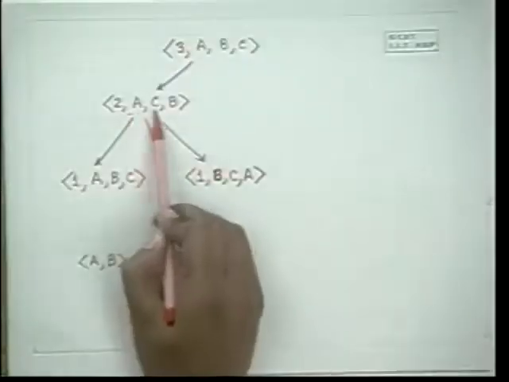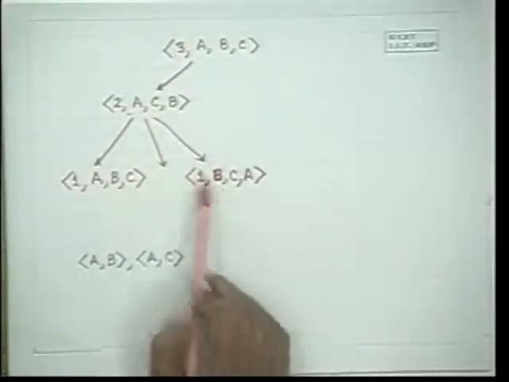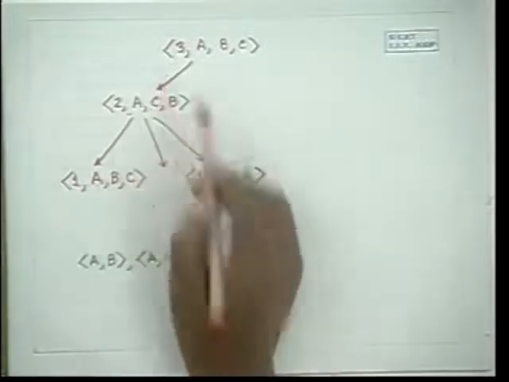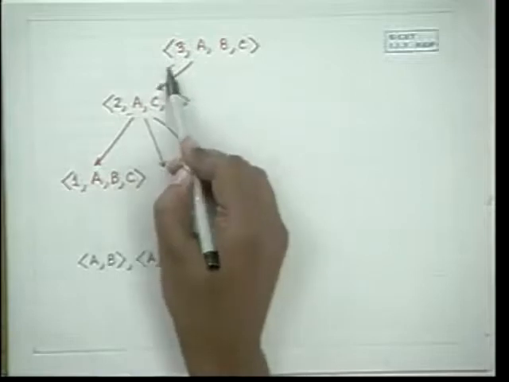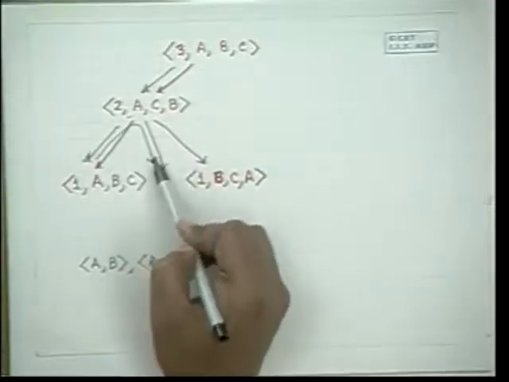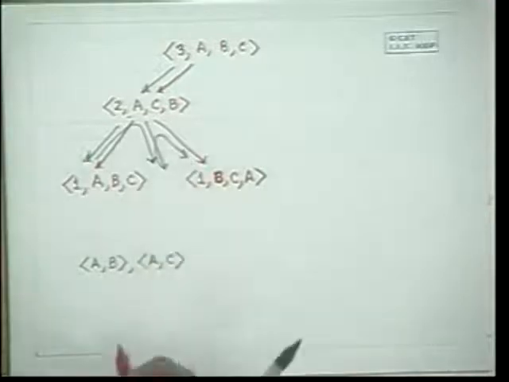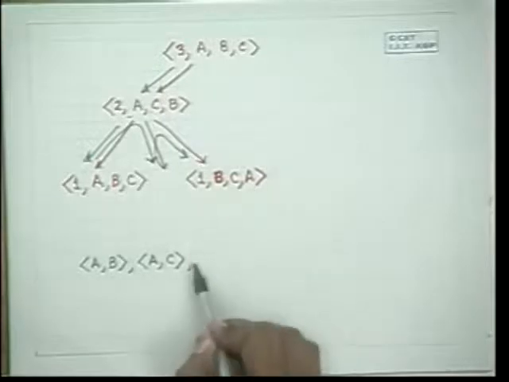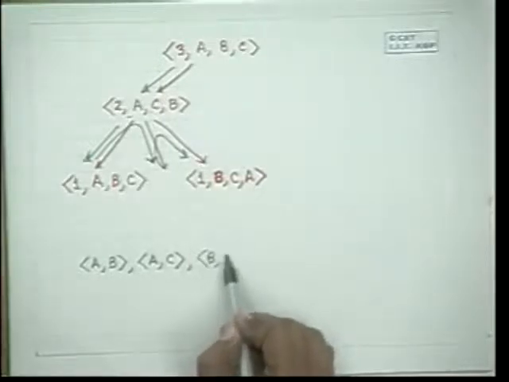This is from, this is to, this is via. So via to from. So after the control, initially it came here, then it came here, then it came here, then it came here. And so what will now get printed, because this is a base condition, B, C.